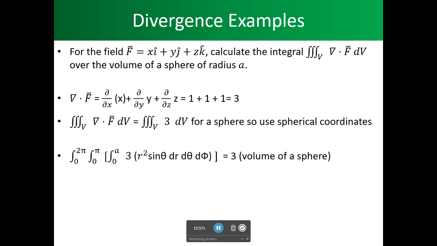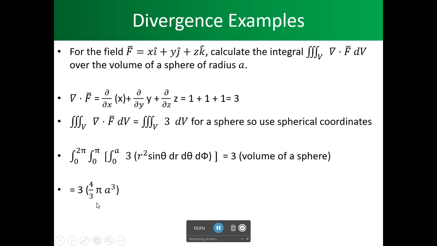So if we remember correctly, we go from 0 to 2 pi, 0 to pi, and from 0 to a. And we have the 3 that we're putting there, because that's what we came up with. Then there's r squared sine theta dr d theta d phi. And so what we have here is 3 volumes of a sphere.